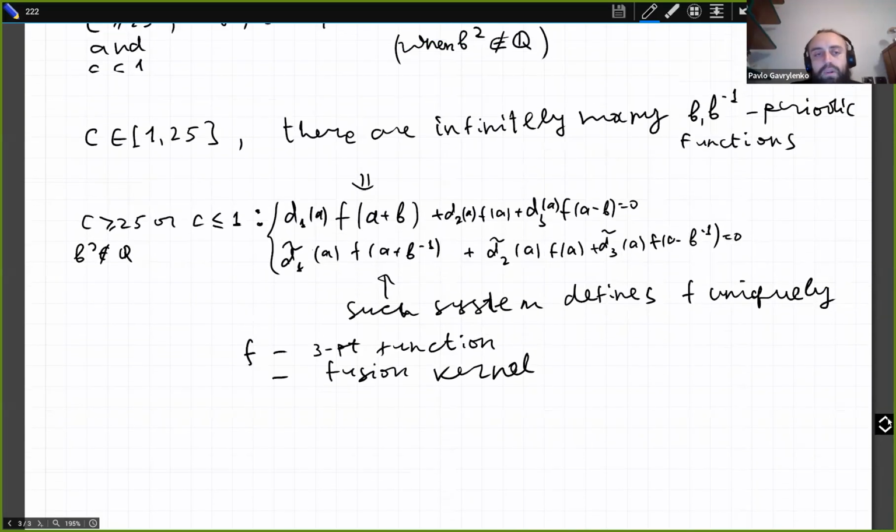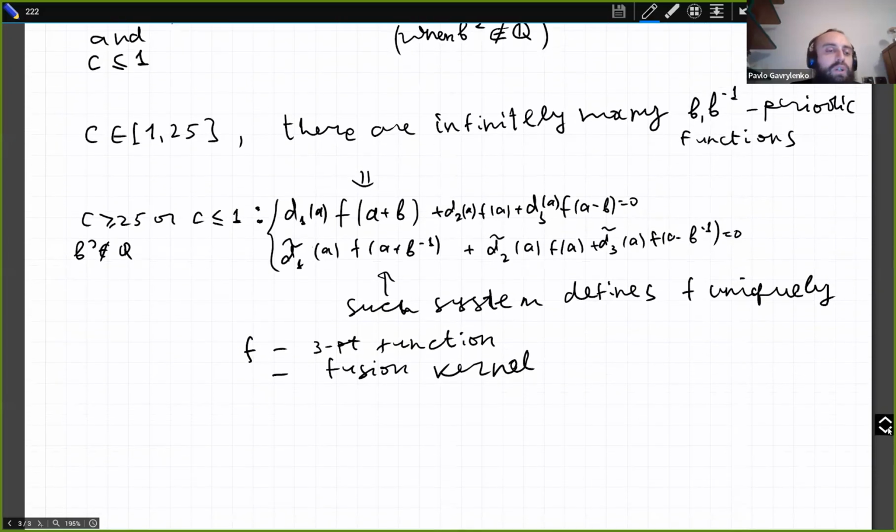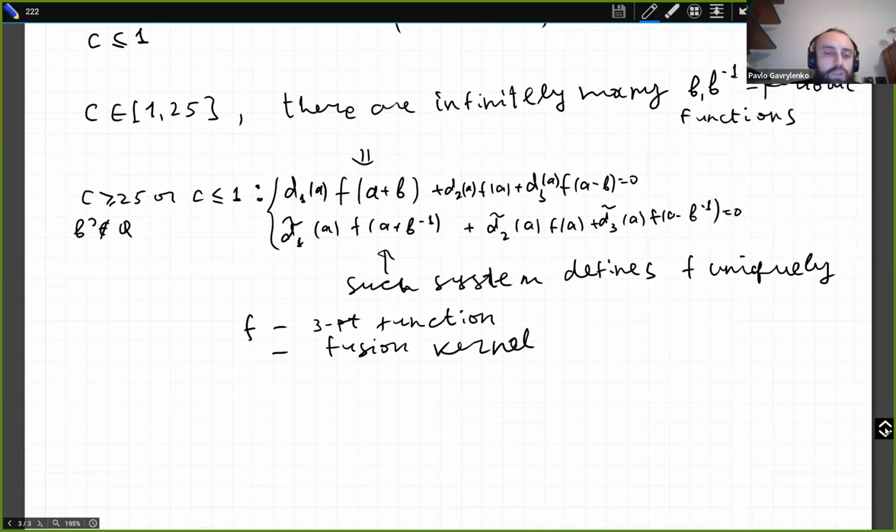But for intermediate central charge from 1 to 25, in principle, they can involve some periodic functions.